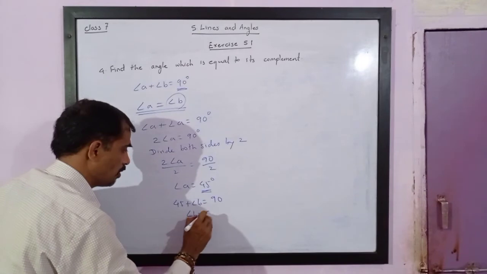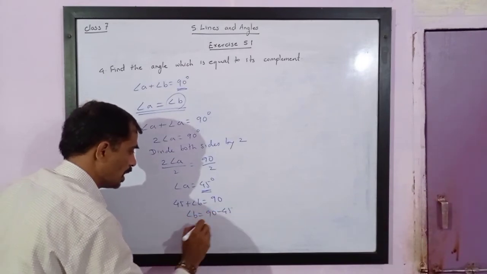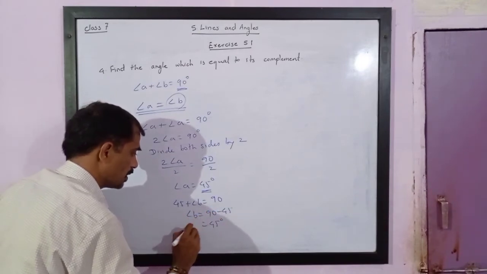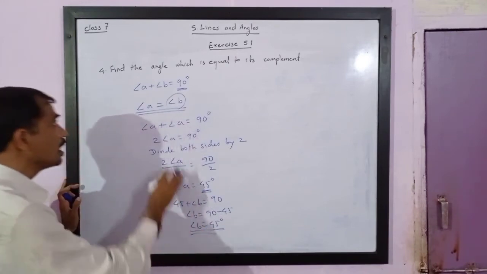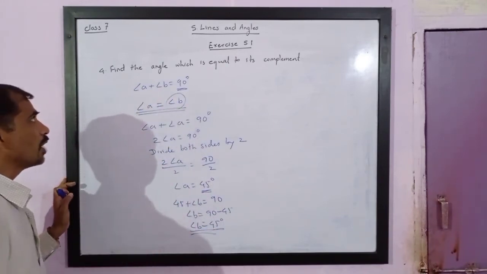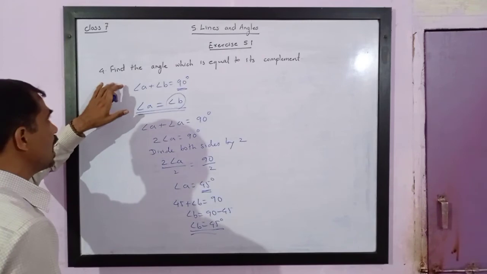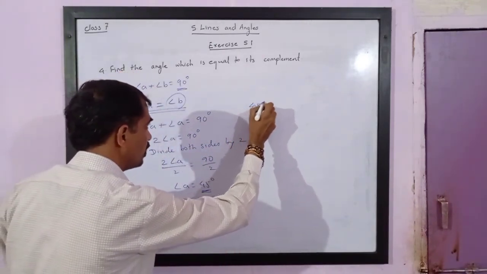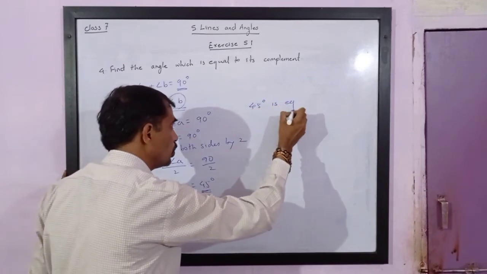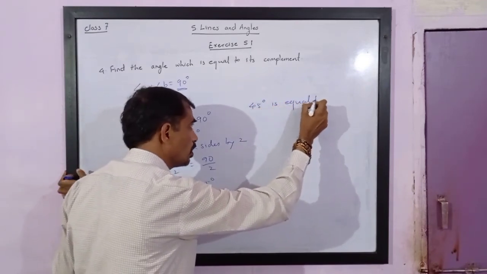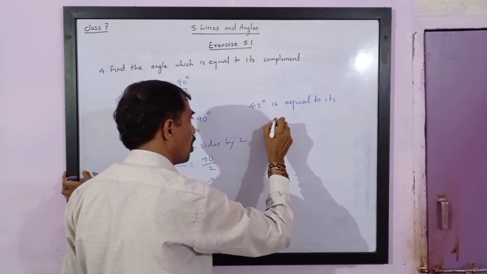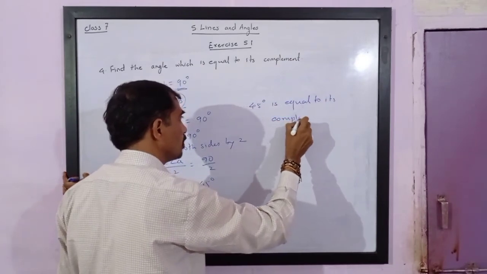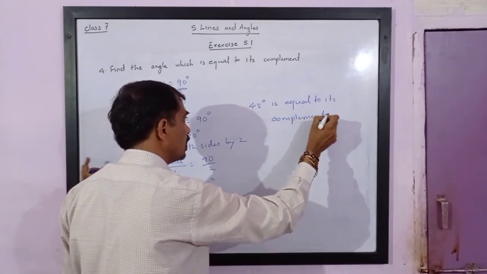Therefore, angle B is equal to 90 minus 45. Again, it comes to be 45 degrees. So, please note here both the angles are equal. Angle A is equal to angle B. So, here we can say that 45 degrees is equal to its complement.